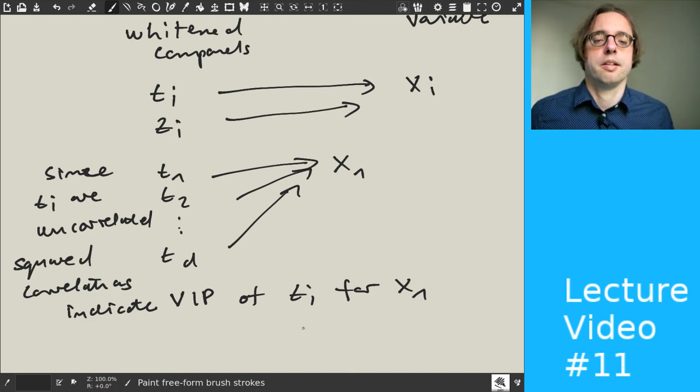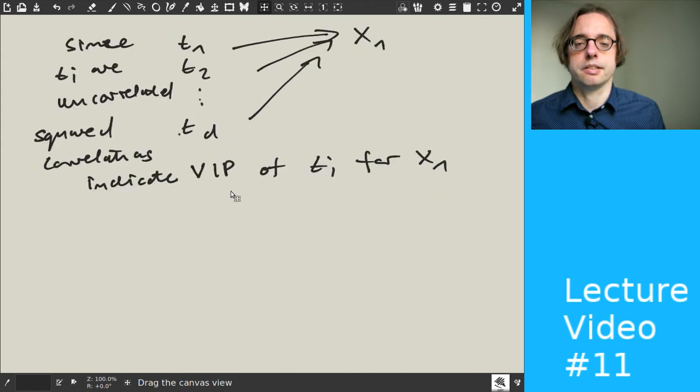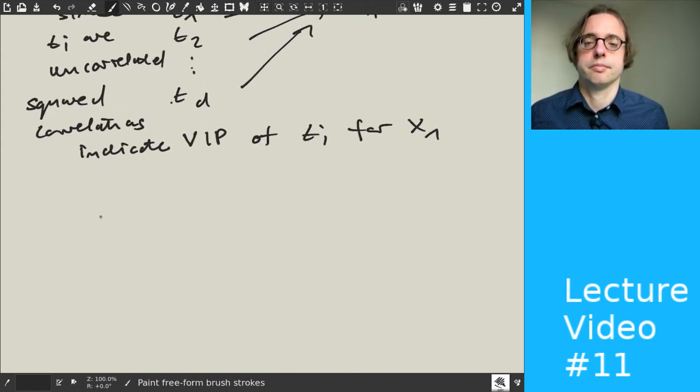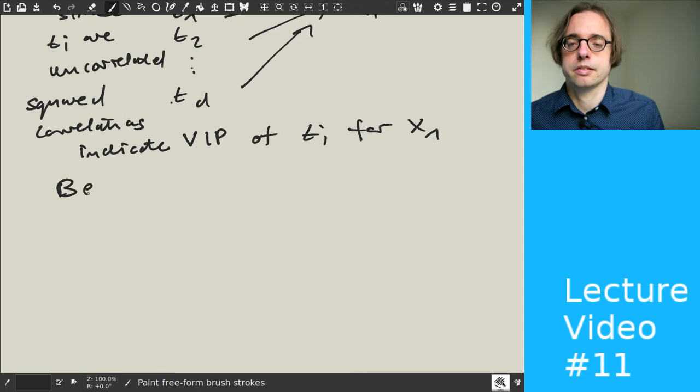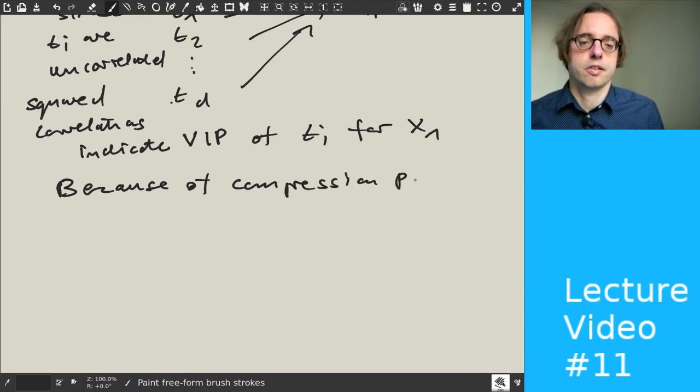So we can figure out which of these actually are important simply because they're uncorrelated, and the sum of those squared correlations actually adds up to 1. So in practice now, because of the compression property of PCA or PCA whitening, often only the first few components are relevant.